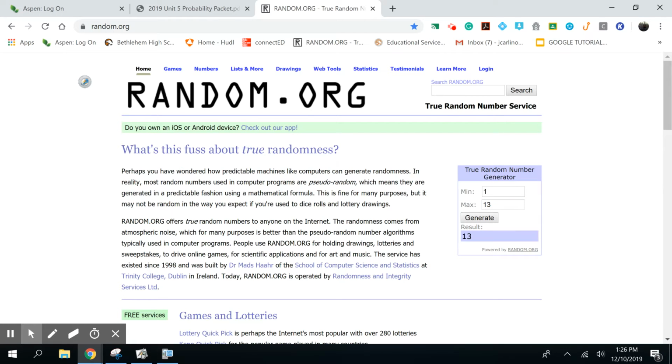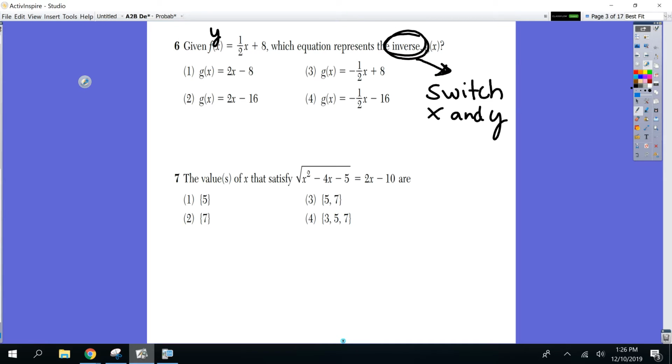Okay, let's start it off. 13. What's my new equation when I take x and y and literally switch their spots? I don't know what the issue is.